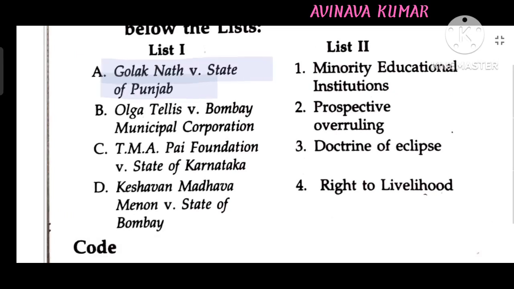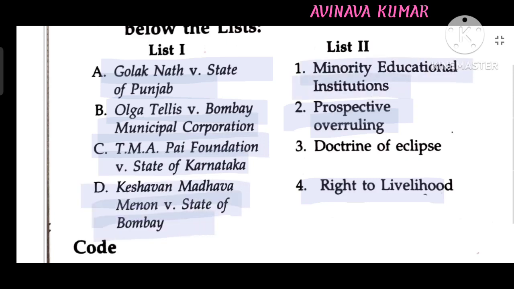Match the following. Golaknath versus State of Punjab: prospective overruling. Olga Tellis versus Bombay Municipal Corporation: right to livelihood. TMA Pai Foundation versus State of Karnataka: minority educational institution. Keshav Madhav Menon versus State of Bombay: doctrine of eclipse.